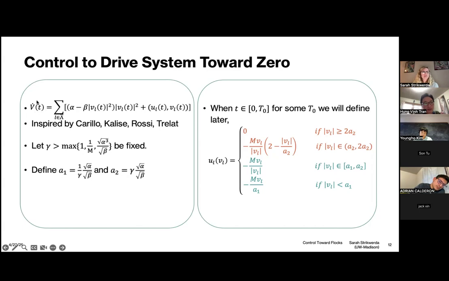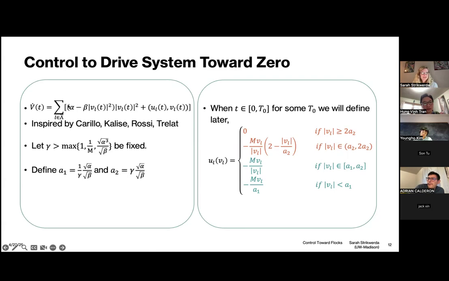So remember, this is our velocity, and so if VL is large enough, then this negative term is just going to make the time derivative negative. So it's going to drive the system towards 0, and we don't even have to use the control. But as soon as we get close to this A2, we'll want to start using the control itself. And then when we're between A1 and A2, then we'll have this control.